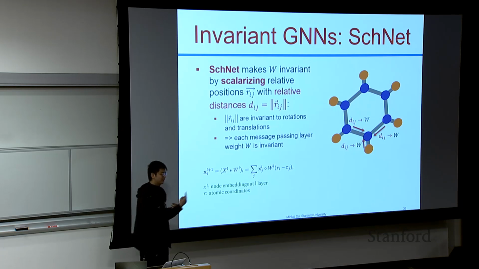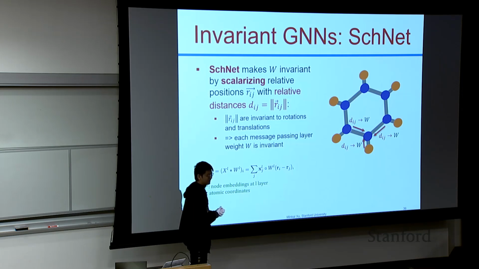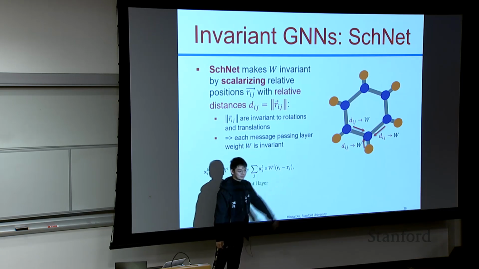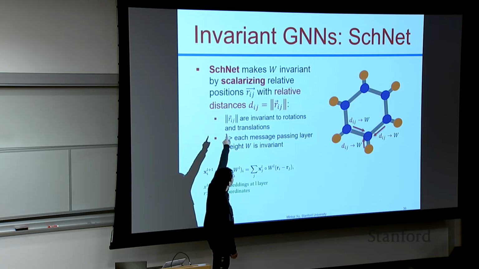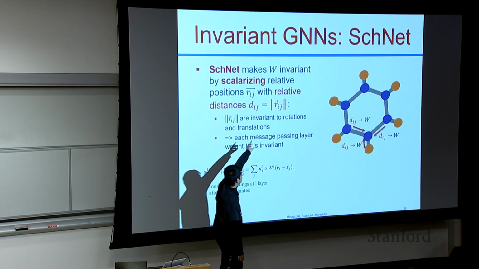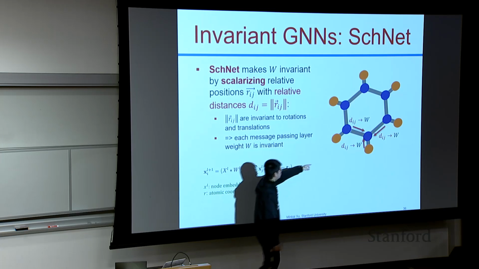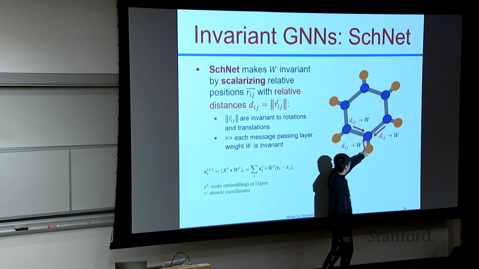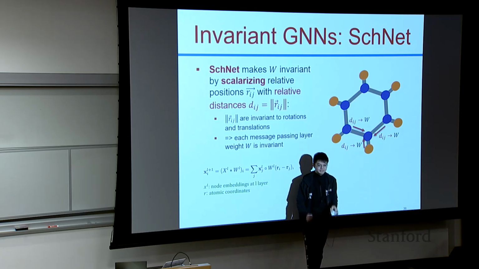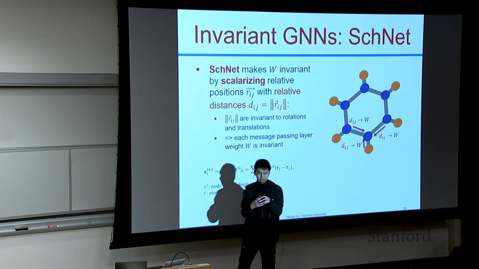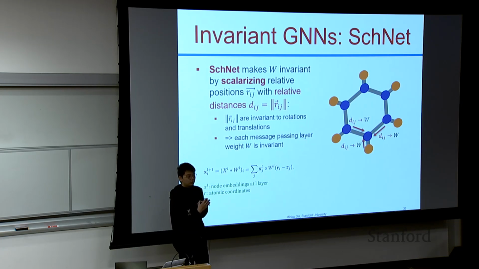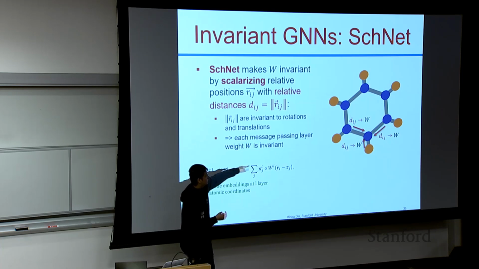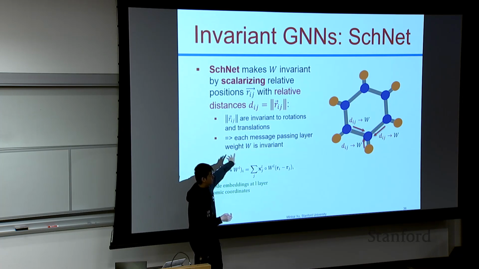They do something very simple: make this tensor into a scalar, which is called scalarizing. When the neural network input is the direction, they first calculate the length of this direction. In other words, they only use the distance information of the current bond, and input it as the controller of the message passing.